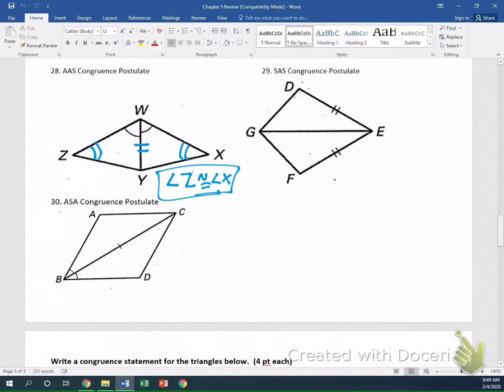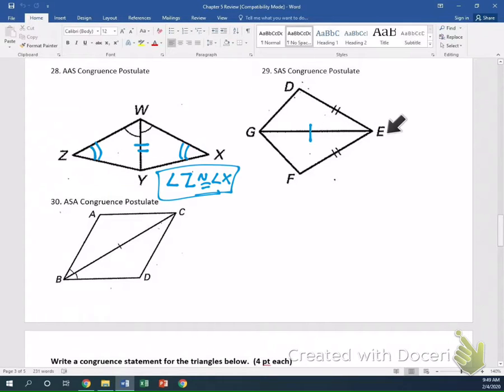All right, number 29, we have side. This side is the same because it's in both. And I'm looking for side, angle, side. So I need the angle in between these guys. Which angle would that be? G. Oh, G and E. So right here we have side.